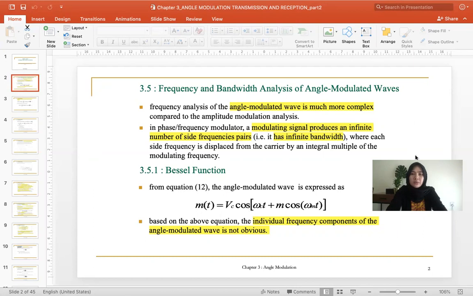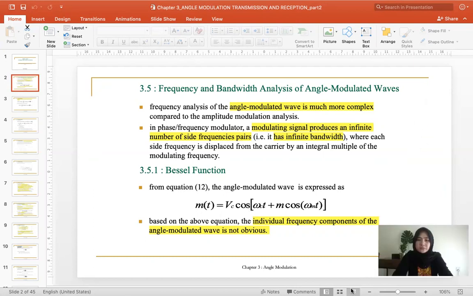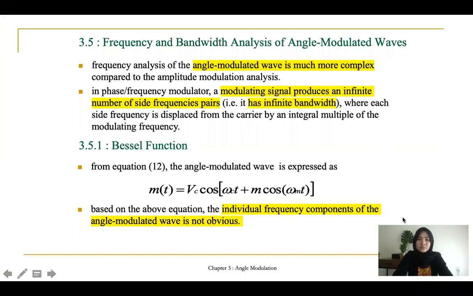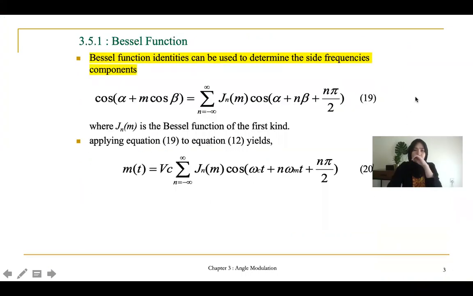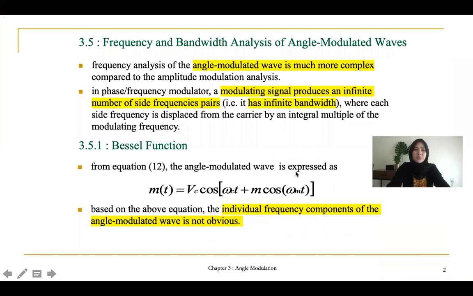So if you remember this formula, this is the equation for the angle modulated wave: m(t) equals Vc cos(omega_c t plus m cos omega_m t).